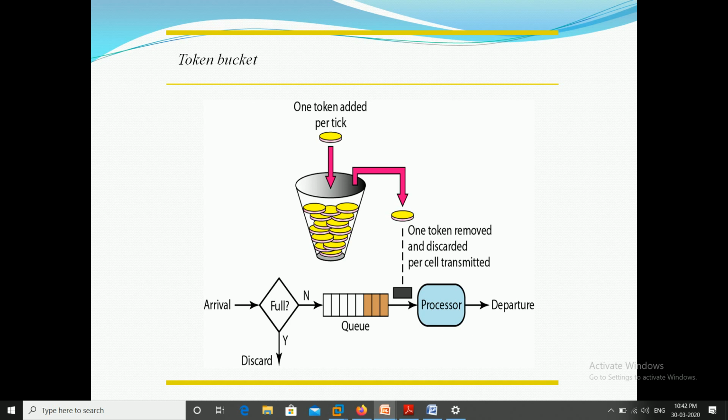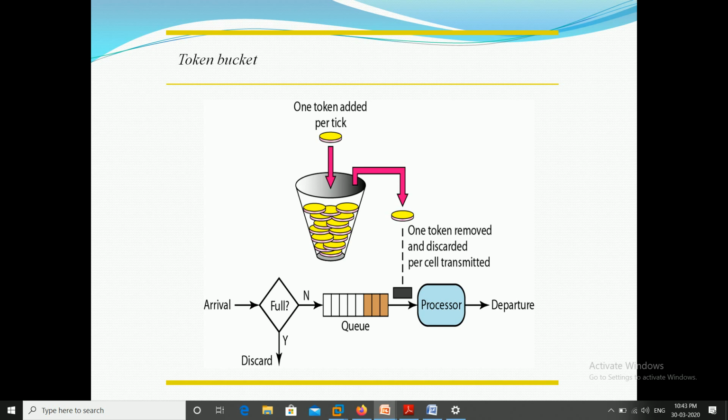Means when one token is there, it sends one packet, another token sends another packet, the next token sends the next packet. So all this speed depends upon the tokens, right? If tokens are removed at some constant rate, obviously the output is at a constant rate. If we want to increase the speed, then we want to increase the speed of tokens. So this is how this algorithm works.